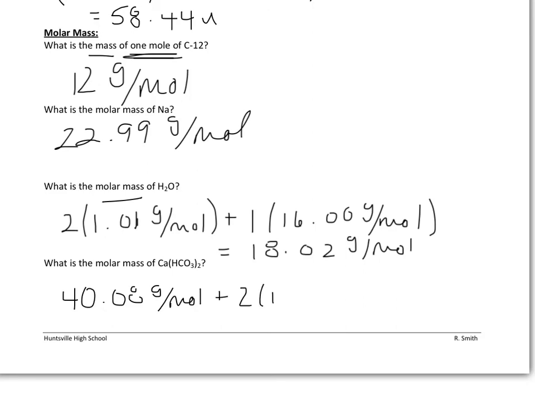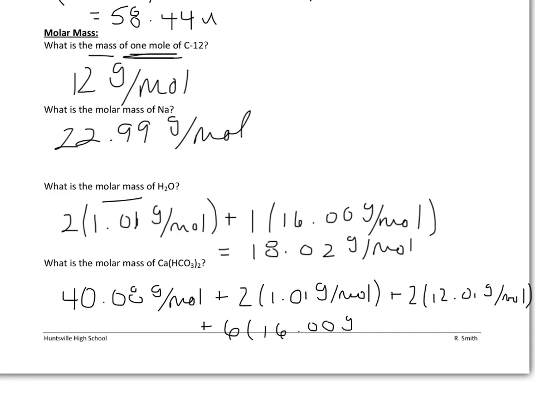I know it's 1.01 grams per mole. I know that there are 2 carbons, 12.01 grams per mole, plus 6 oxygen, which is 16.00 grams per mole.